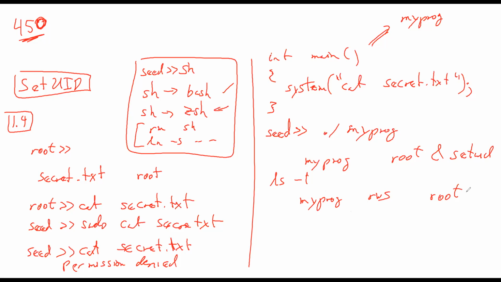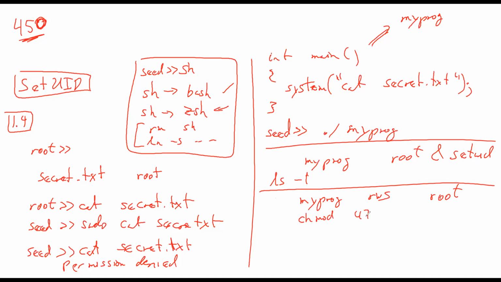So now the program is going to run, because it's set UID and root owned, with the privileges of that program. So that's what you did with the chmod. Right, chmod 4755 myprog, I believe, makes it set UID.